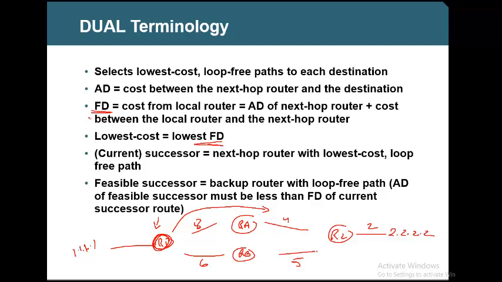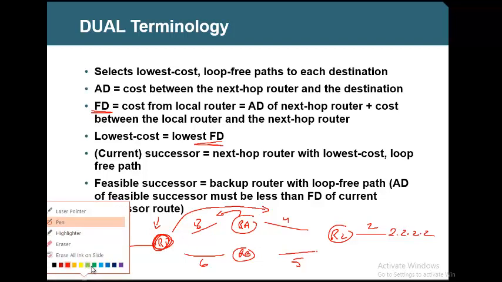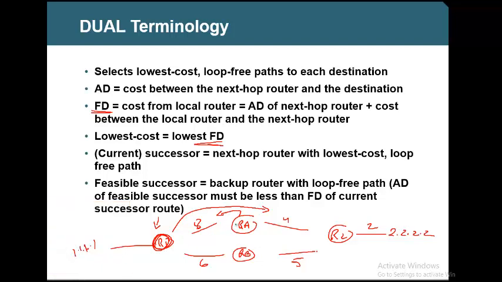See the word advertise, advertised distance. When RA advertises, what will be the metric to reach 2222? RA, it would be 6. That is what is called advertised distance.